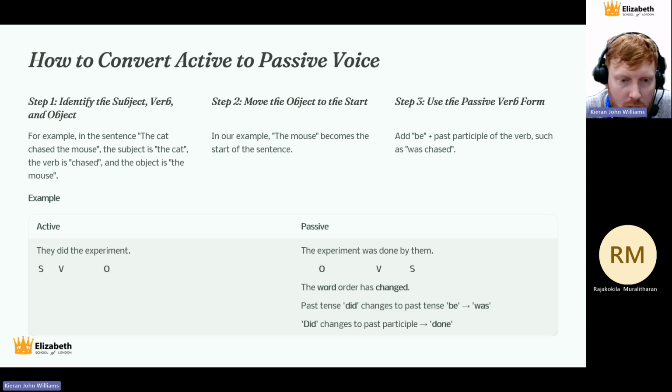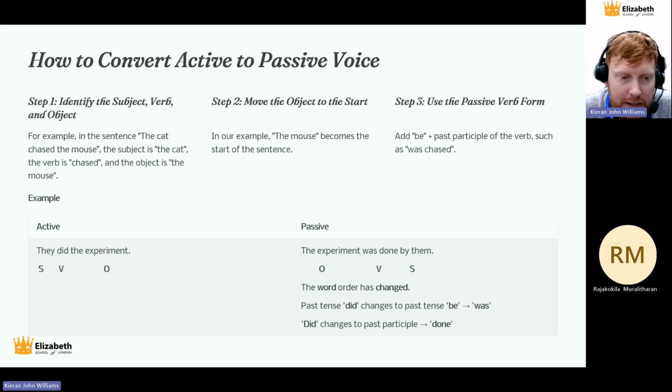The second form is chased, and the third form is also chased. So we need to use that form of the verb. Okay. So that gives us, from using that formula, we have was chased. Okay. So that is what you use every time you want to change from the active into the passive.